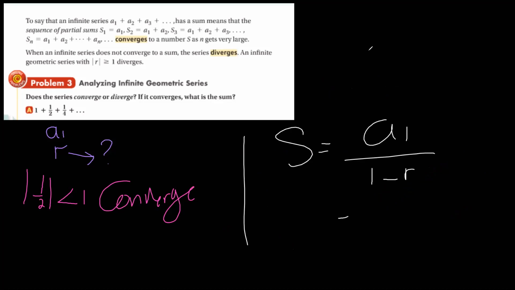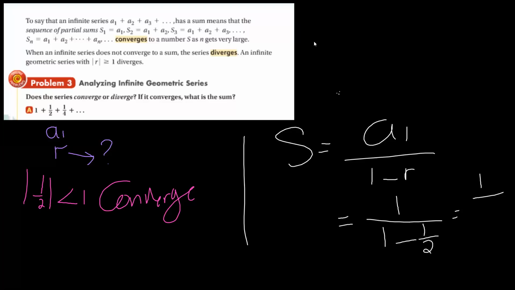By what I will say now, the summation is a1 over 1 minus r. a1 is 1, over 1 minus r. Where's r? It is half. Now it is 1 over half.